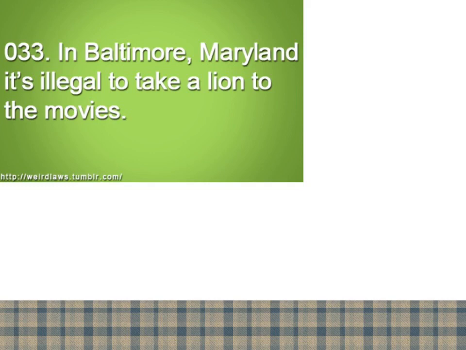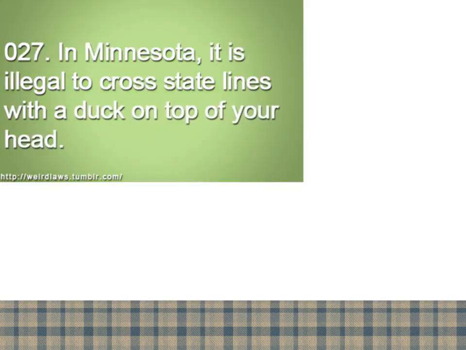In Baltimore, Maryland, it is illegal to take a lion to the movies. In Minnesota, it is illegal to cross state lines with a duck on top of your head.